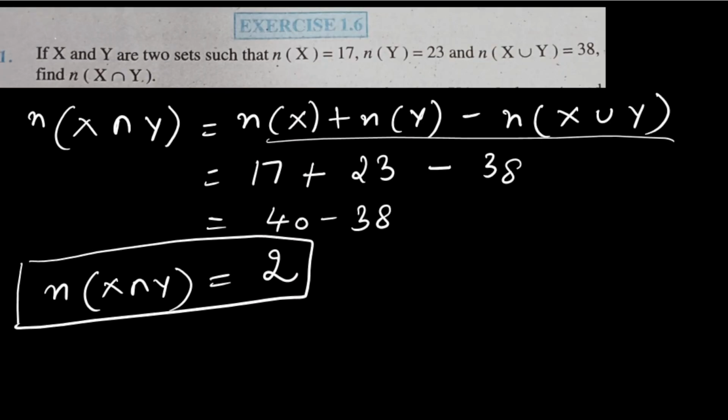Let's do the next question. Again it's a similar question, only similar things are given to us but in language form. In the previous question it was directly in symbolic form, like NX, the way we have these terms in the formula. Here it's given to us in language form. So again two sets are there.